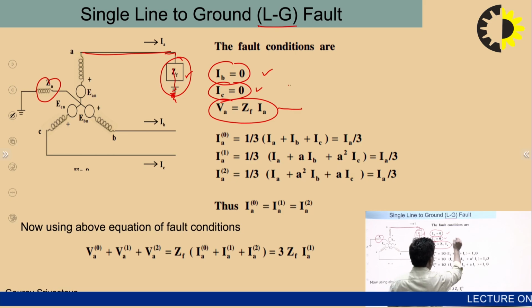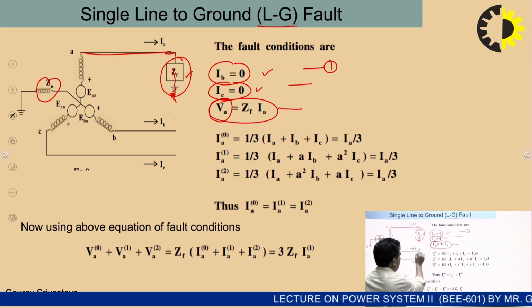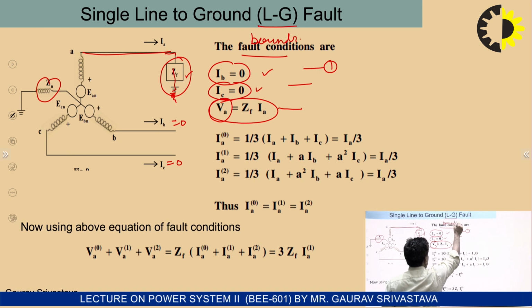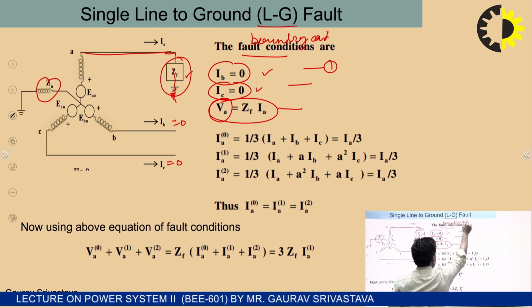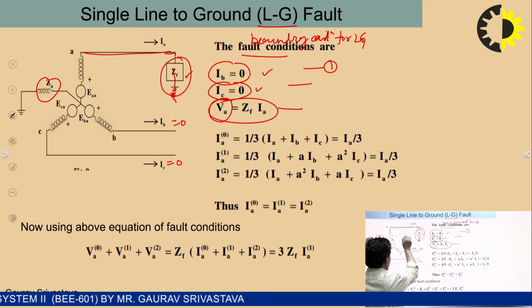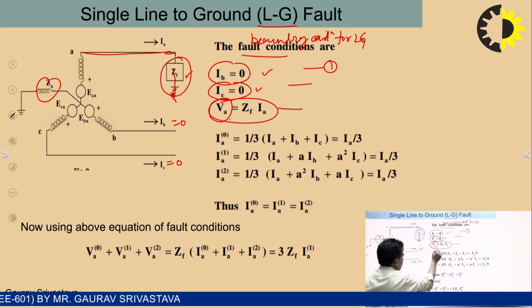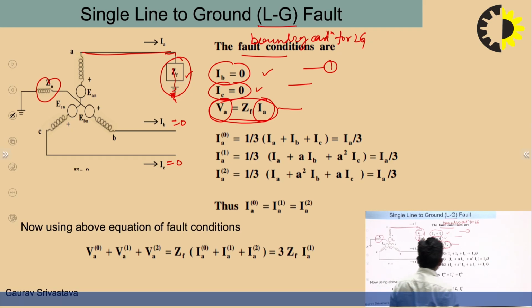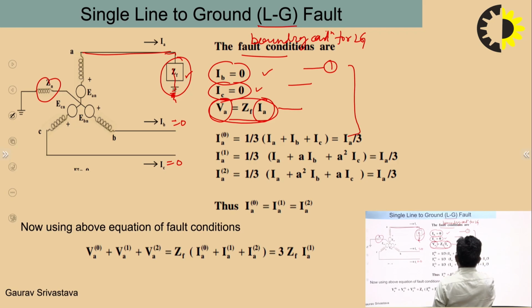These three equations are the boundary conditions for the LG fault. The overall voltage at the fault is ZF IA, because the fault current flows only in the phase A direction. So right now we have the boundary conditions available.